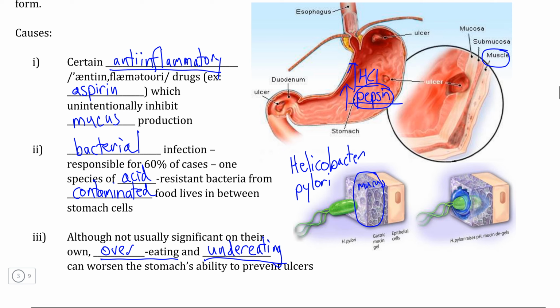But if no food makes it to the stomach, the acid and the pepsin have nothing to break down, and so they will begin breaking down the walls of the stomach. This is why every doctor will always recommend moderation, not eating too much, but not starving yourself, in order to prevent any damage to the stomach, and now you understand why.